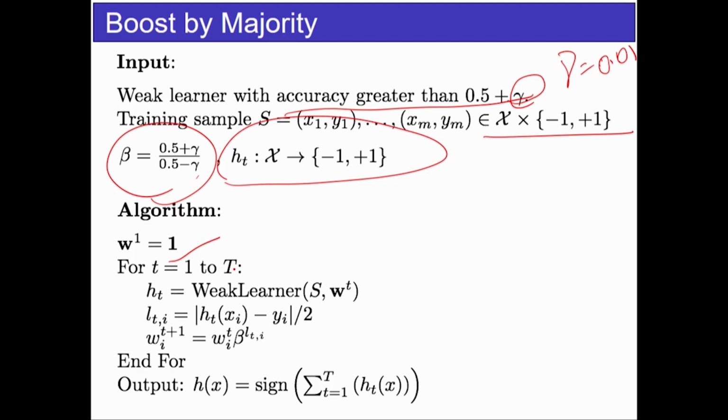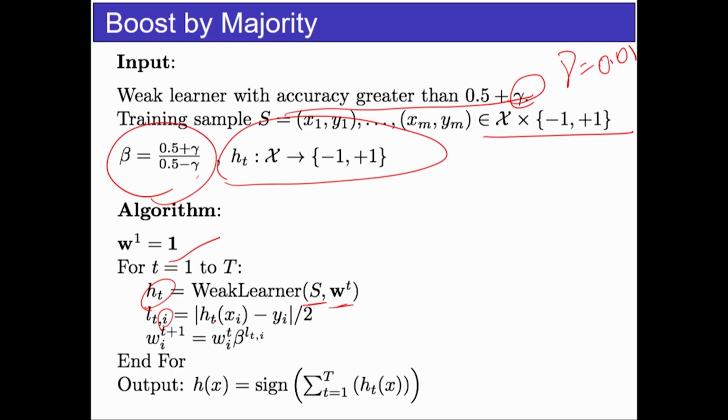And then say you are building T of these learners. So you learn HT, which is a weak learner. You use your entire training sample S, and you use the weights of the current iteration. The first iteration is going to be equal weights. Then for every sample i, you see whether you've got it right or not. HT of xi is going to be either +1 or -1, and yi is also +1 or -1.